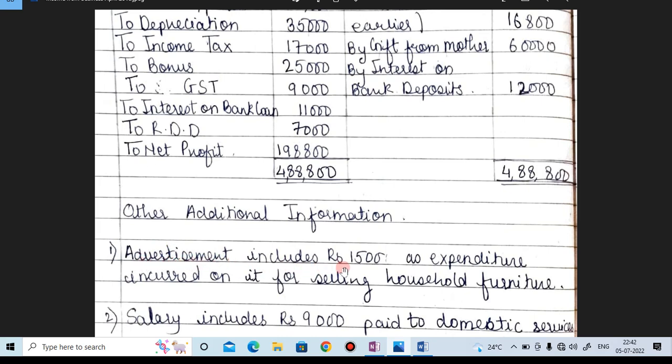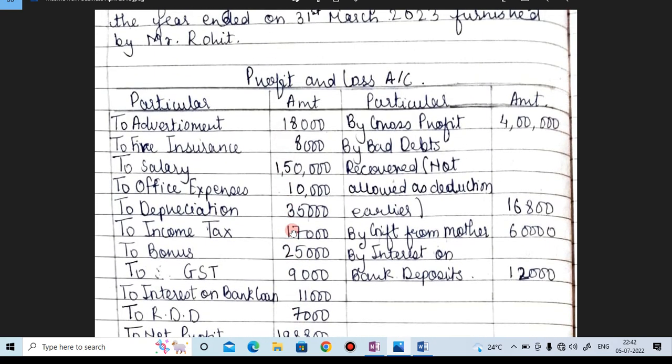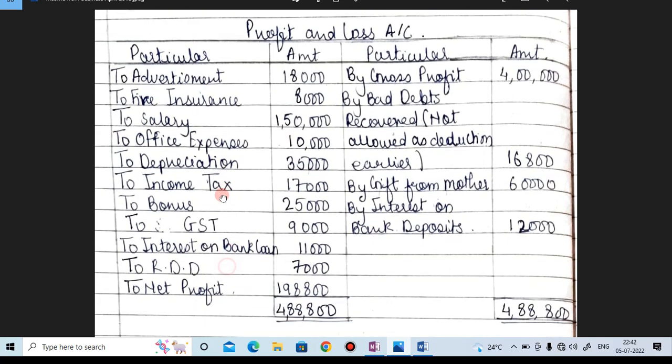Advertisement includes rupees 1,500 as expenditure incurred on it for selling household furniture. So this is household furniture. That means Mr. Rohit, for his personal use, is using advertisement.